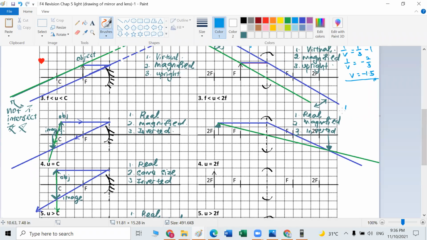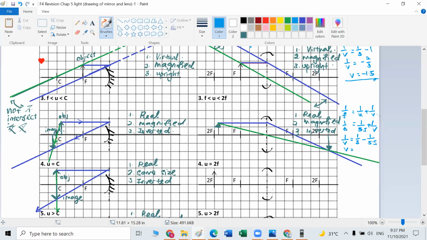If you want, you also can apply this. 1 over F equals 1 over U plus 1 over V. F is 3. U is 1, 2, 3, 4, 5.5, plus 1 over V. Okay, so now what should we do? 1 over V equals 1 over 3 minus 1 over 5.5.